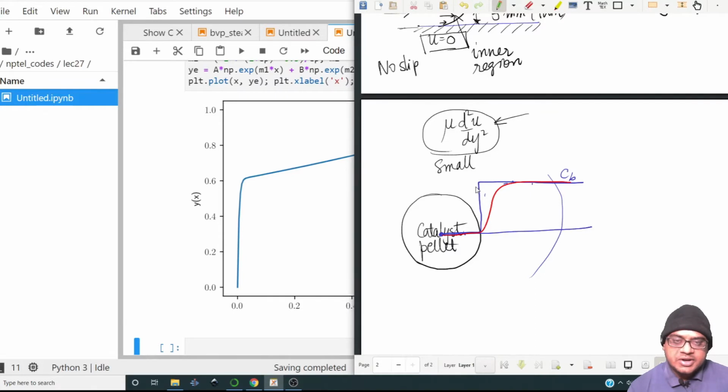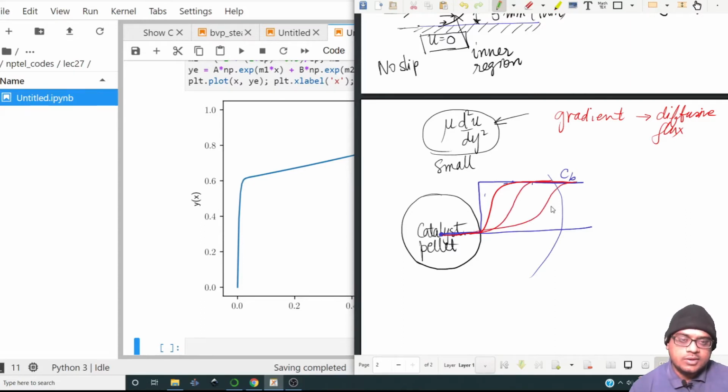There is a sharp gradient going from the catalyst to the fluid, and a gradient leads to diffusive flux. But if the diffusivity is quite small, this profile that I'm drawing will be slowly propagated towards the bulk.